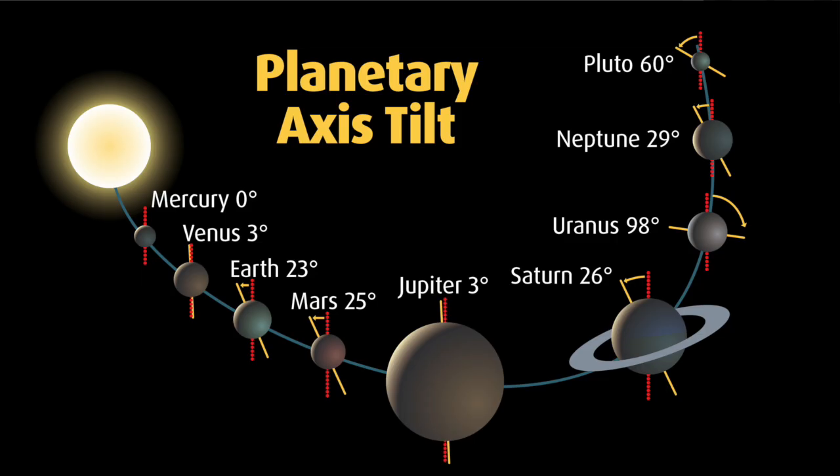And then Jupiter goes back to almost zero, only 3 degrees. And then Saturn is 26. And then Uranus, like I said, is 98 degrees going the other direction. And Neptune is 29, and then Pluto is 60. So it's all over the map. There's no progression as far as the tilt of the axes in regard to the sun or the solar plane.